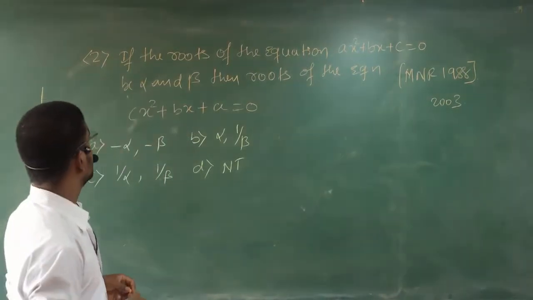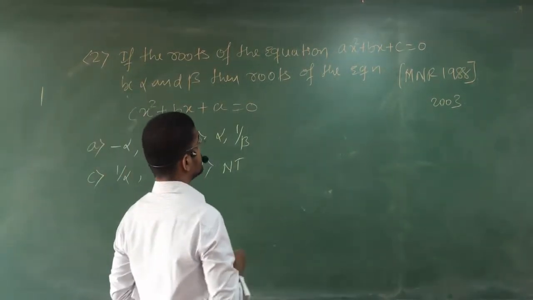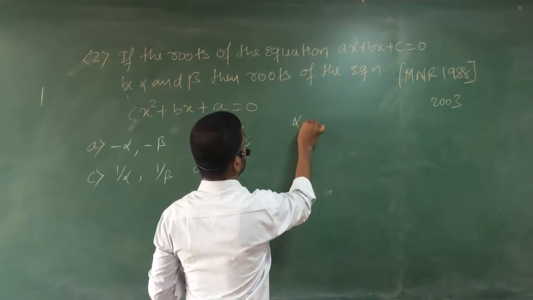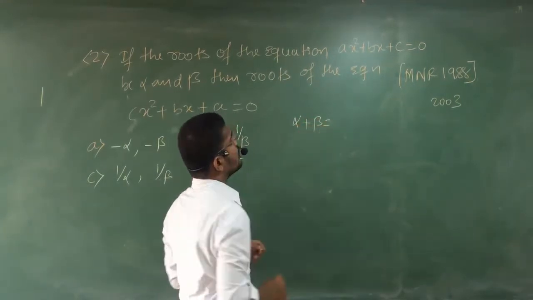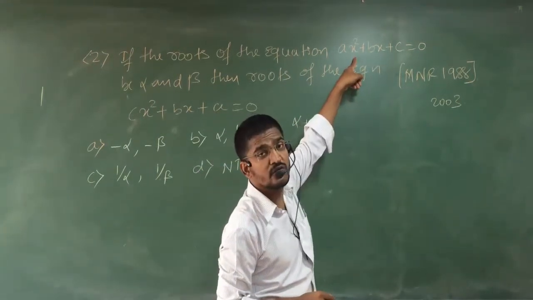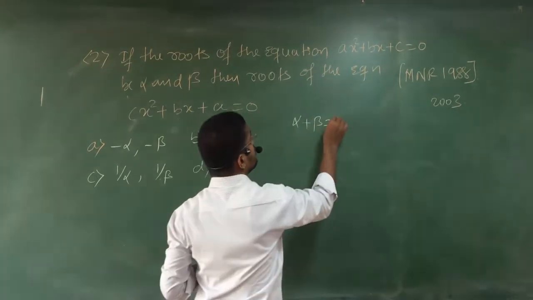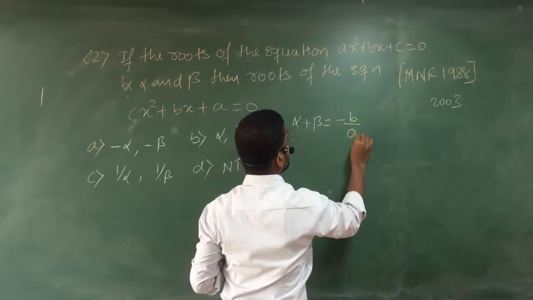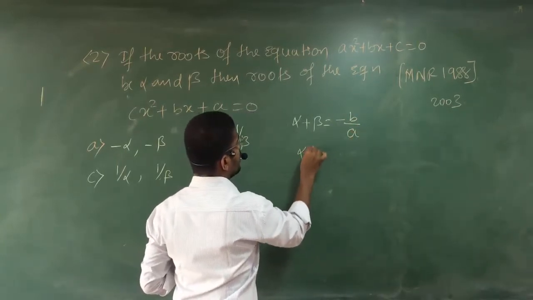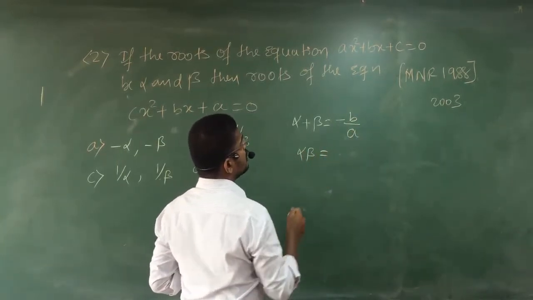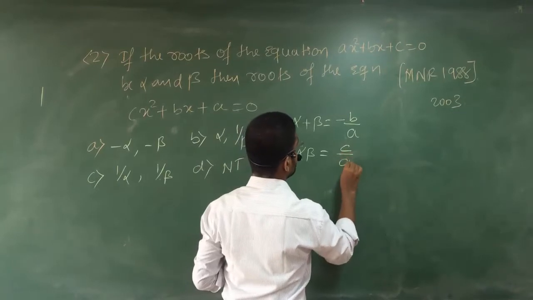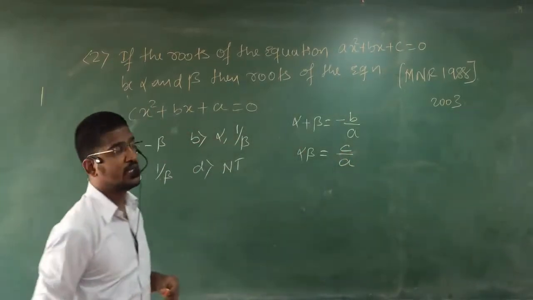Clear? Okay. So for that reason, alpha plus beta will be equal to what? The sum of the roots of this particular algebraic equation, that is minus b by a. Alpha into beta will be equal to what? c by a. Have you got my point?